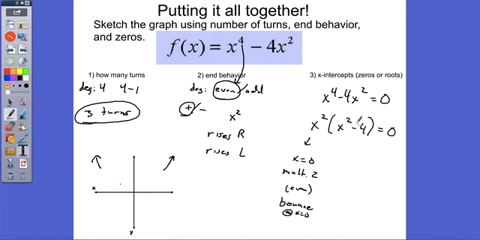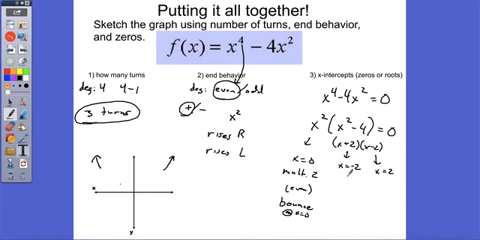And then for x squared minus 4, I know that factors into x plus 2 times x minus 2. So I set those separately equal to 0, and I get x equals negative 2 and x equals 2. Remember, when it's just to the first power, that's an odd multiplicity.